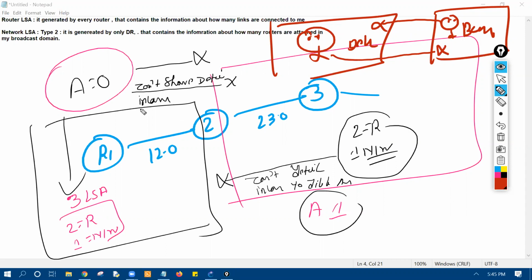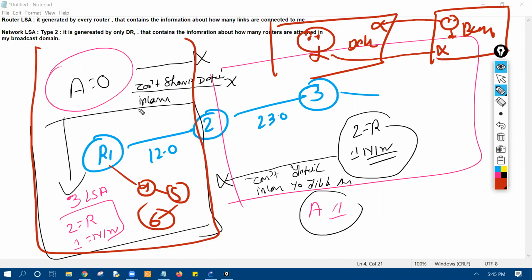Same thing here: whatever routers are present within the area have complete information. In this area, R1, R2, R4, R5, R6 have complete information.